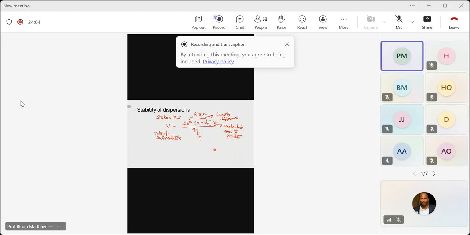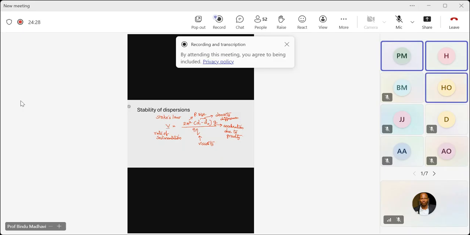Which constant? What is this eta? Viscosity. Yeah, it is viscosity. I'm surprised nobody is able to tell me that it is viscosity. Viscosity, eta, is viscosity. Exactly.